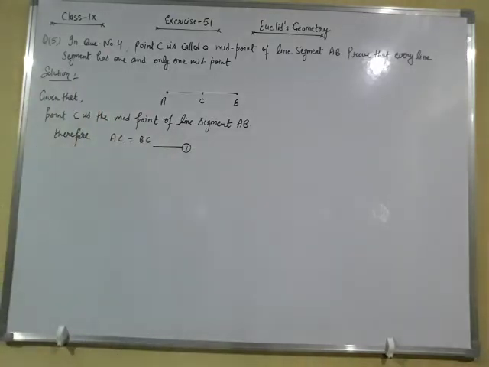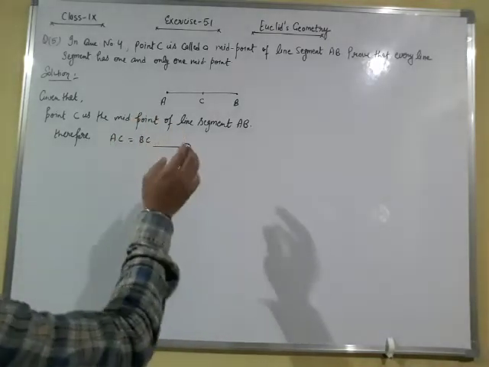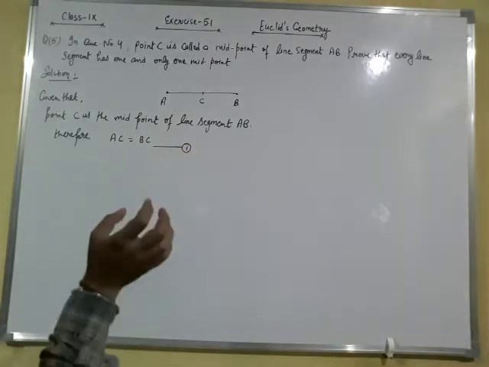Okay. So how can we prove this? We can prove this by the method of contradiction. Contradiction means opposite. Okay. First of all, we will take the opposite of what we have to prove, and then we will show that we are wrong. Okay, our assumption was wrong. What we will assume here? We will assume that besides C there is one more midpoint of AB.